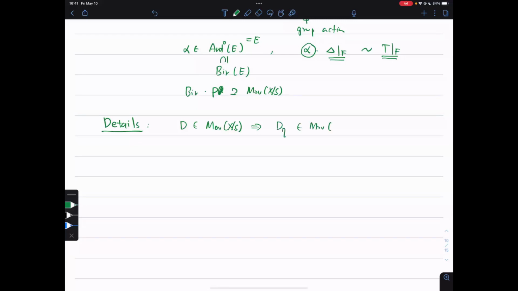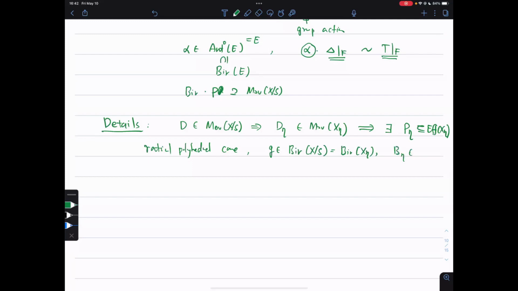It lives in the movable cone of the generic fiber, and by assumption, because we're assuming the conjecture holds for the generic fiber, there exists a rational polyhedral cone P, which lives inside the effective cone, such that you can take a g in this birational action and a B that lives in this cone, with g B eta numerically equivalent to D eta. So we only know this numerical equivalence.